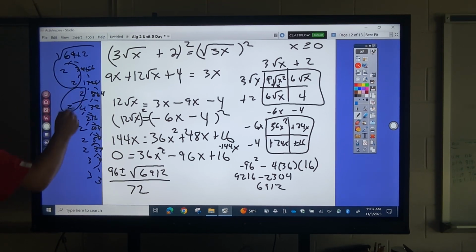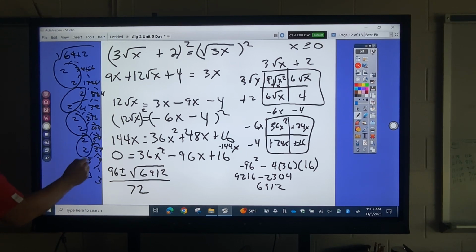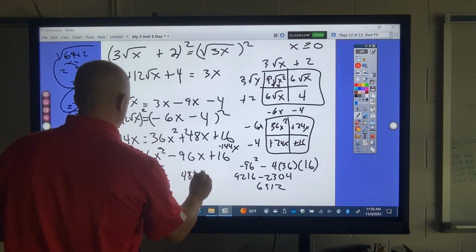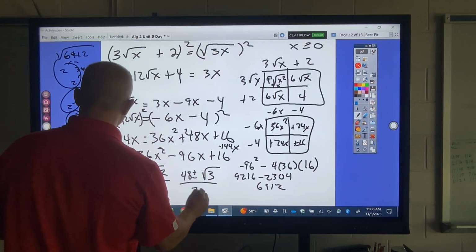Pair, pair, pair, pair, pair. So I got 2 times 2 times 2 times 2 times 3. So 2 times 2 is 4, times another 2 would be 8, times another 2 would be 16, times 3 would be 48. So 48 plus or minus square root of 3 all over 72.